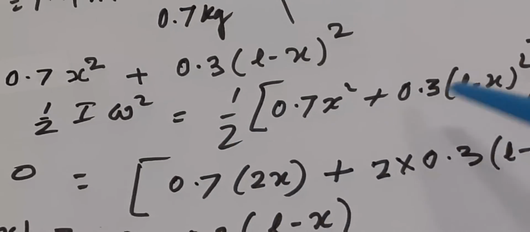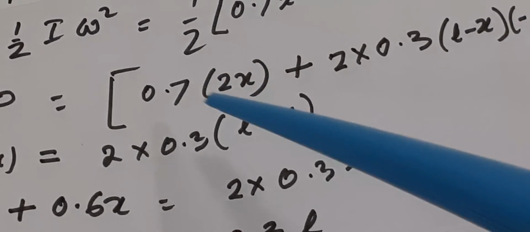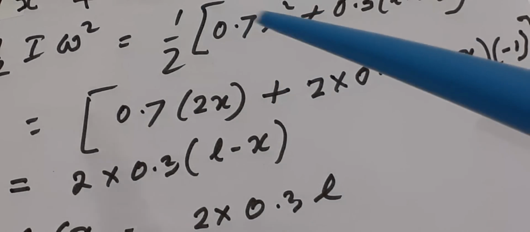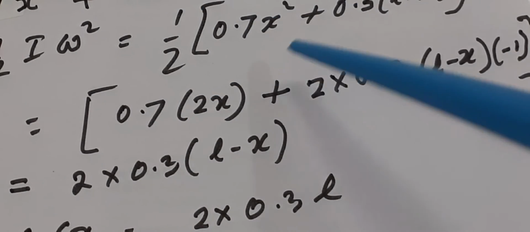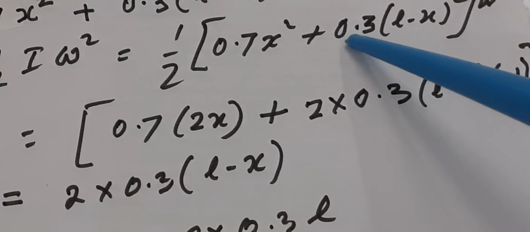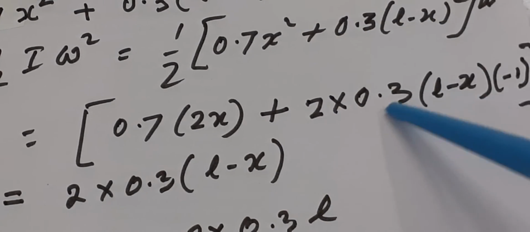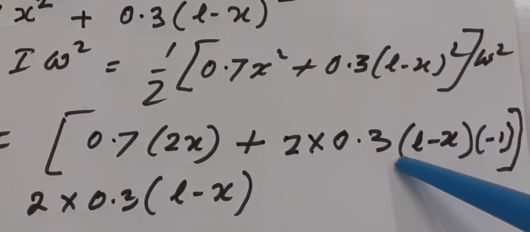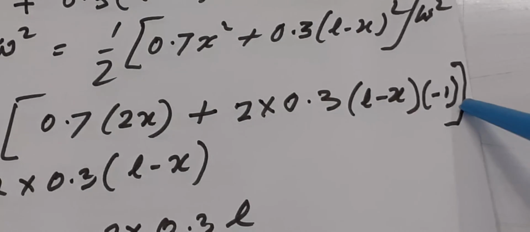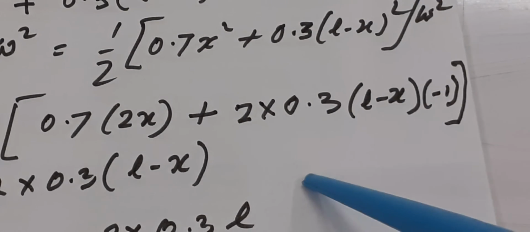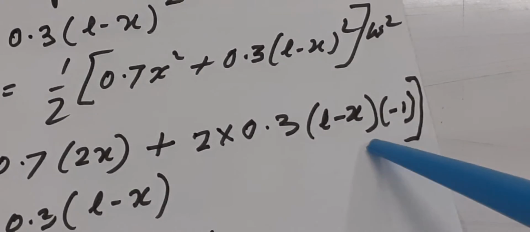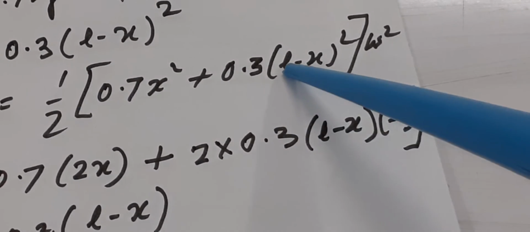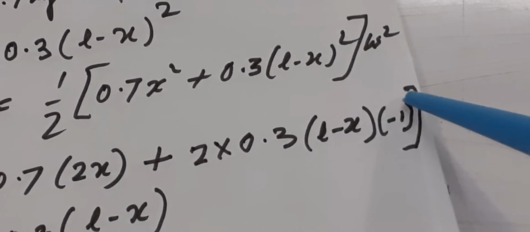Now the moment of inertia can be differentiated: 0.7 into 2x will come after differentiation, plus 0.3 into 2 times (L minus x), and when you differentiate (L minus x) you will get minus 1.